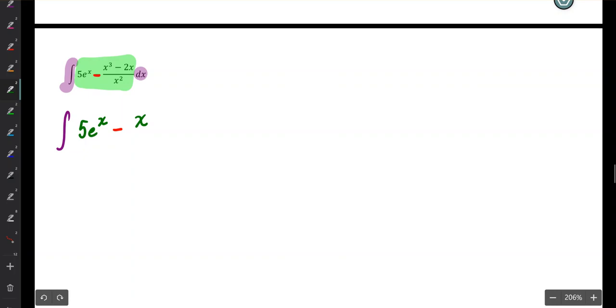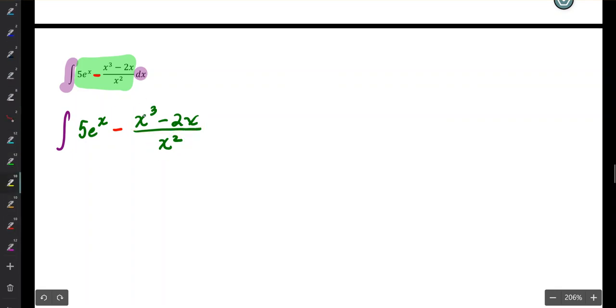Now, this part has some algebra work that I would like to deal with. I have a numerator and a denominator. I can't compartmentalize my thinking here. I can't just say, well, what's an antiderivative for the numerator and what's an antiderivative for the denominator? Just like you can't differentiate across quotients, you can't undifferentiate across quotients.